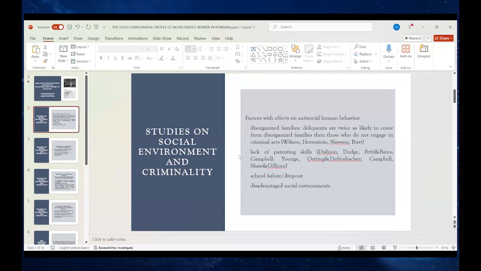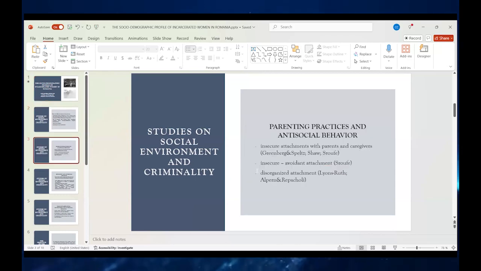Other factors contributing to criminality include school failure or dropout, disadvantaged social environments, and poor parenting skills. The attachment theory proponents argue that offenders often develop insecure, avoidant, or disorganized attachments.